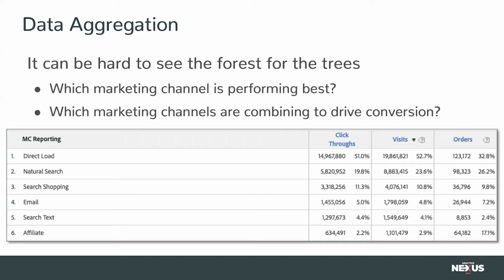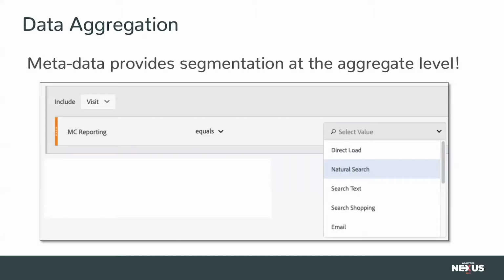So that's how data aggregation works in the digital analytics space. But there's a benefit from a segmentation standpoint as well. I mentioned that segmentation underlies all of this. If I wanted to build a segment and look at maybe the customer journeys or paths that people took when they came from natural search, I don't want to go through thousands or millions of campaign codes and deal with it that way.